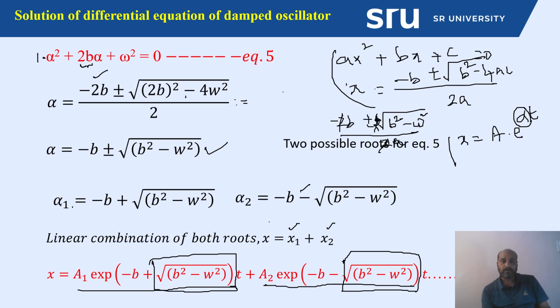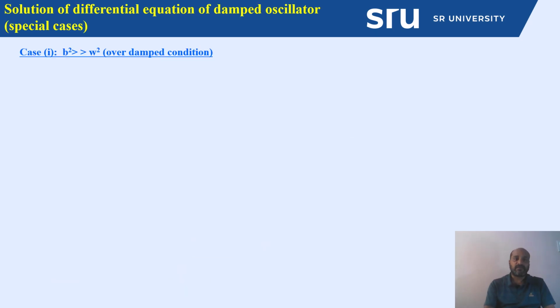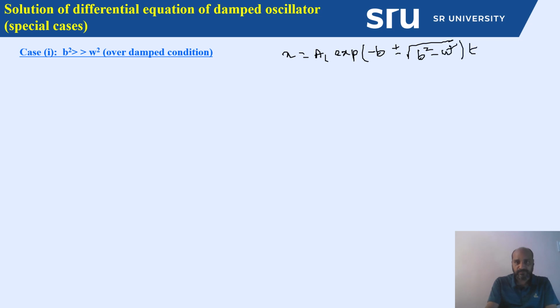So now we'll see the analysis of the three possible values, and we'll understand the role of this particular value. First we'll take the first condition, I mean this x = A1 exp((−b ± √(b² − ω²)) t).